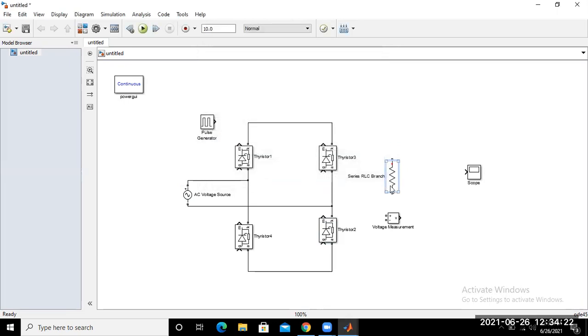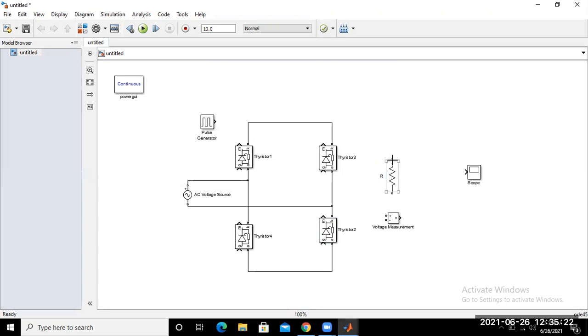So this load becomes purely resistive. So you may rename this load branch, that means resistive load, or you may only write resistance as capital R. Now this load resistance is connected to the output of the rectifier.